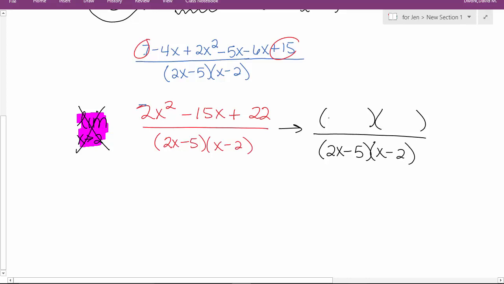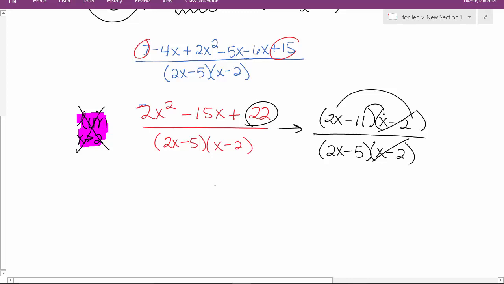I think this is going to factor as 2x and x. Again, I'm going to sort of cheat to see if that's going to match. It could have been the other factor, but I don't want to use the 5 when I have to multiply to 22. So then I'll try this minus 11. Here I have minus 11x minus 4x, which does give me my middle term of minus 15x, so I'm good all the way around.